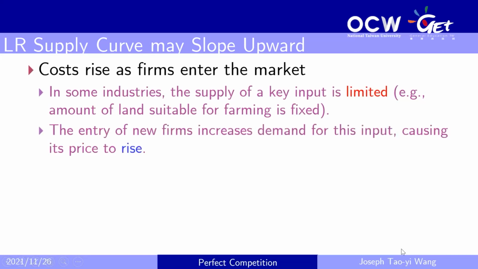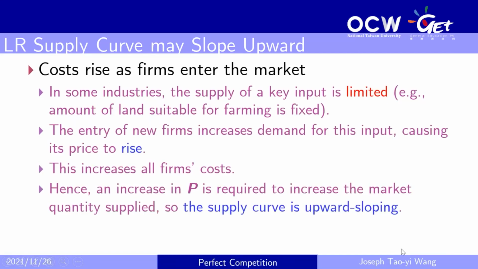When new firms come in, you basically increase the demand for this input, and so the input price will go up. And what that means is that everybody's cost is going to go up, and so you have, again, an upward sloping supply curve. So these are what happen when the assumptions we made do not hold.